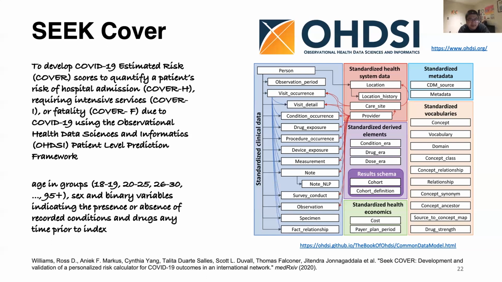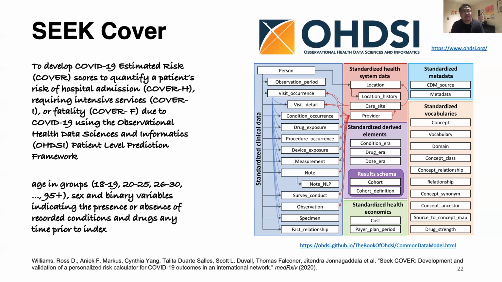They included the predictors described here, including age group, sex, and binary variables indicating the presence or absence of recorded conditions and drugs at any time prior to the index.